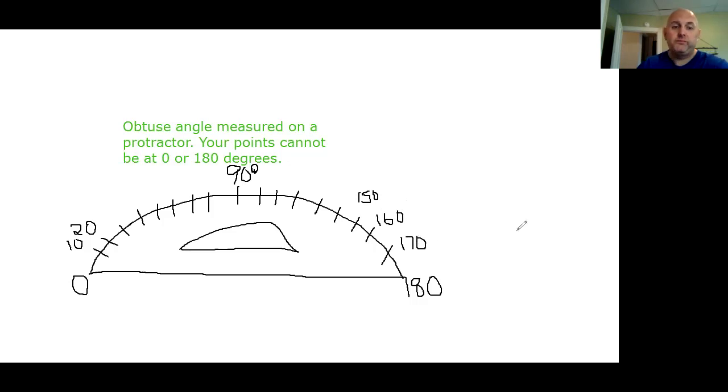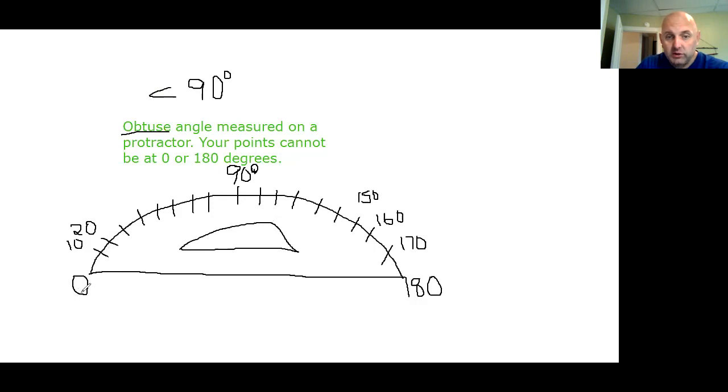Okay, so I have to make an obtuse angle. First thing, I would choose my first point to start. I know my angle, because it's obtuse, has to be greater than 90. So wherever I choose over here, let's just say I choose 10 degrees.